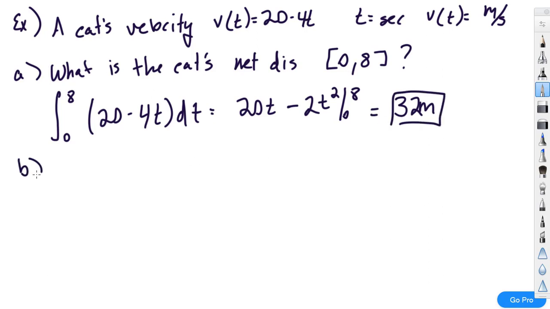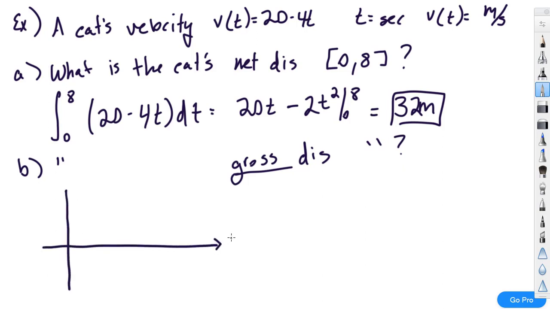Now, what if I asked the same question, only instead of net, I ask about the gross displacement? Well, before I answer this question, I'm going to draw a graph first, the graph of the cat's velocity function.